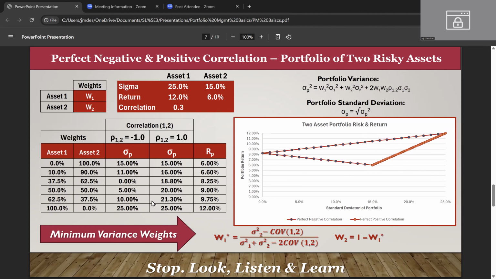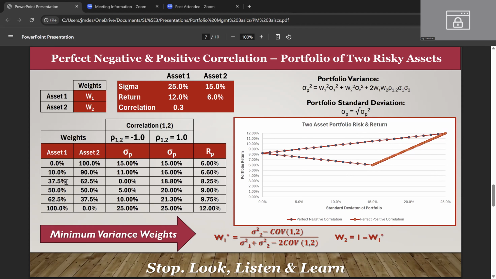And as you can see, if you invest this amount in asset one and this amount in asset two, then you reduce the variance of the portfolio to zero. So in other words, this is the minimum variance portfolio, right? And then you can see what the return of that portfolio would be, 8.25%.